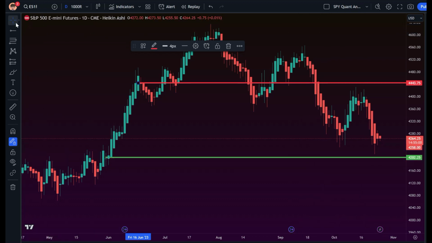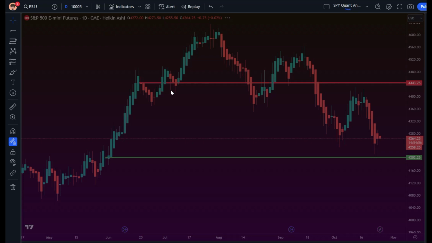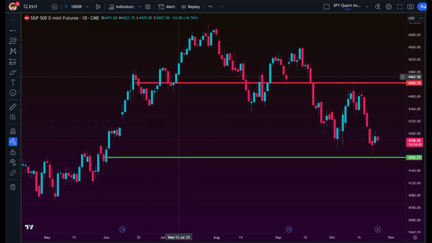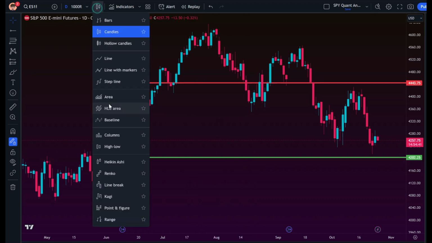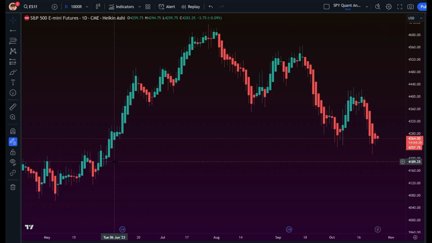Now, once we use Heikin Ashi to identify our supports and resistances, we can also just flip back to the normal candles and use those with the Heikin Ashi support levels, like you see here. That is fine, but I find that Heikin Ashi is the easiest candle to use for identifying support and resistance.